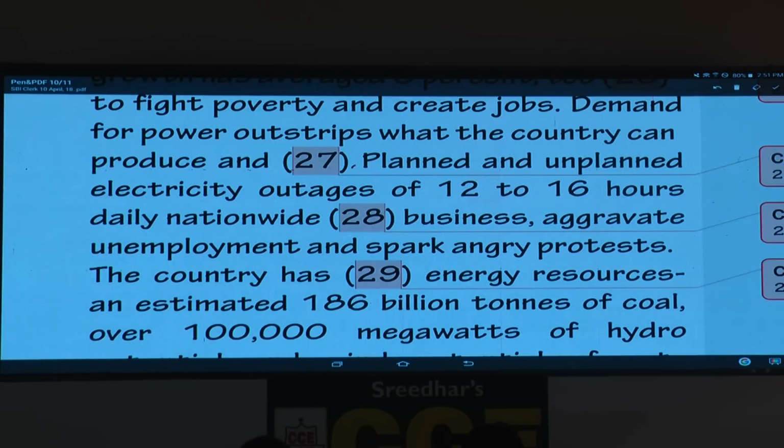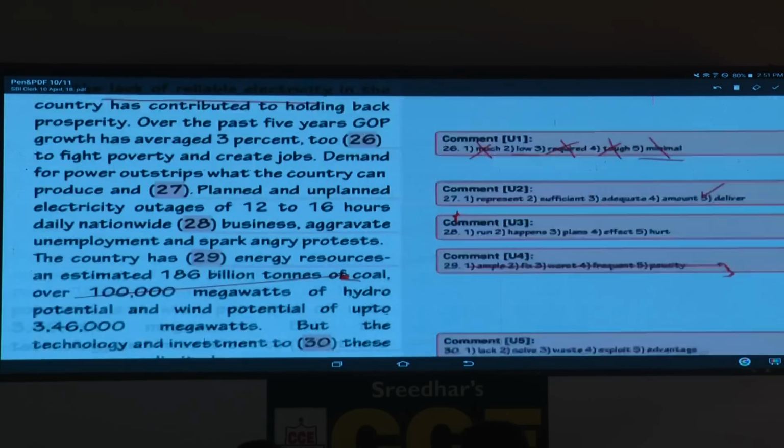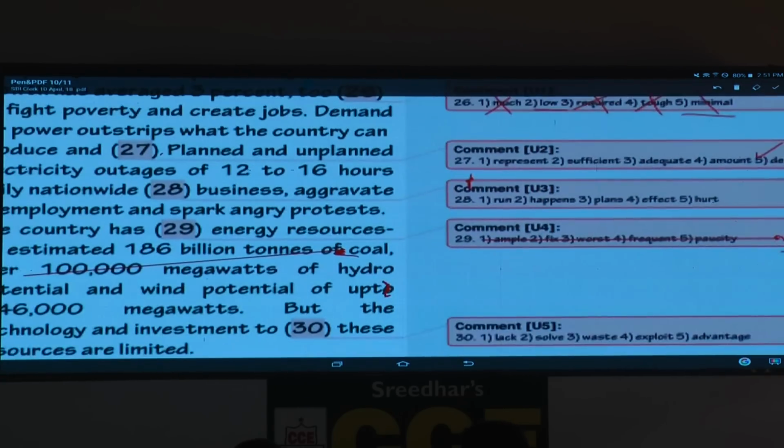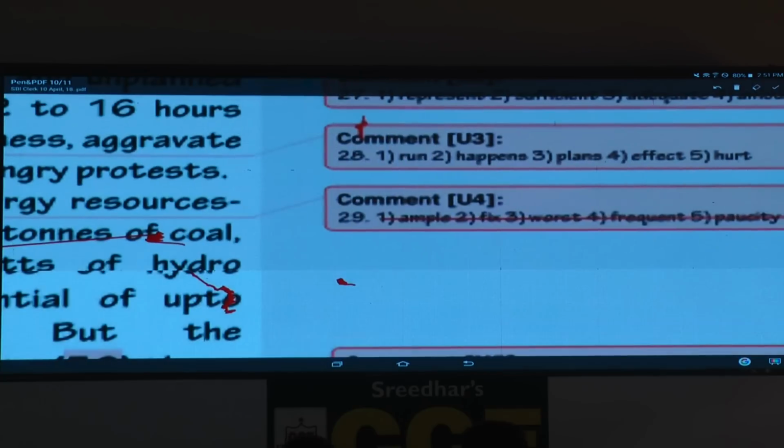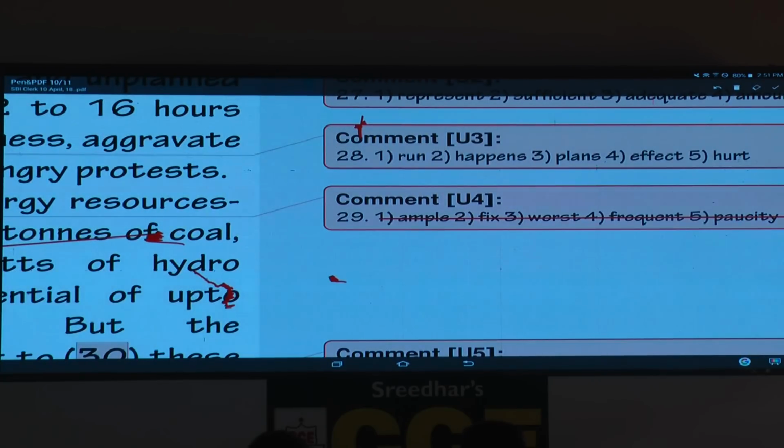Planned and unplanned electricity outages of 12 to 16 hours daily nationwide. So here basically you have to choose a negative word, because outages are about losing out, power cuts. So what are the options given here? Run, happens, plans, effect, hurt.